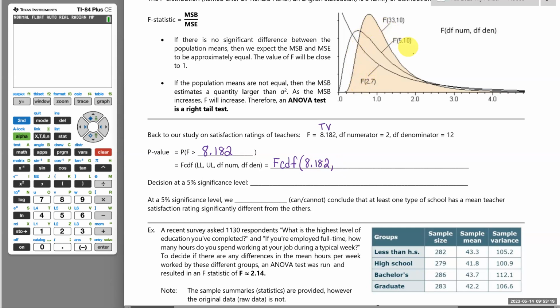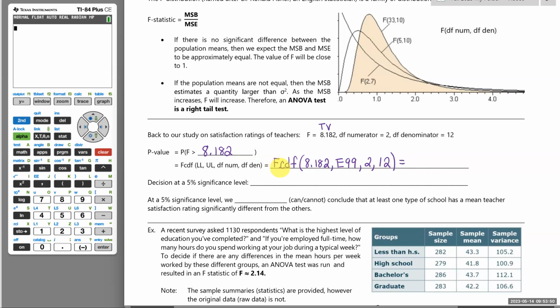And then F distributions do continue without bound as the value for F gets larger. There is no limitation to how large it can get, so that's our infinity. So in theory, F could be anywhere indefinitely to the right. And then we need our degrees of freedom of our numerator, which was 2, and degrees of freedom of our denominator, which was 12.